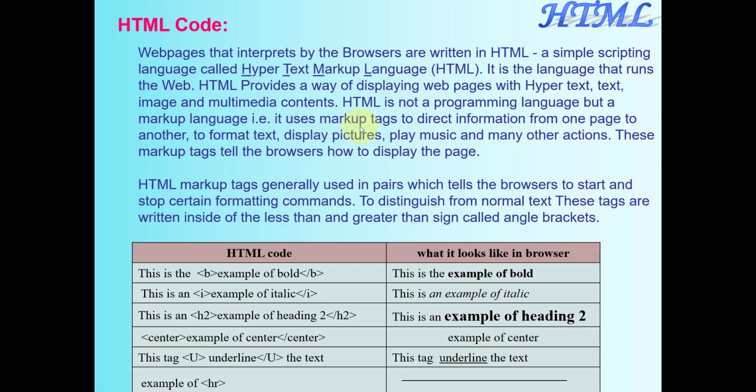It uses markup tags to direct information from one page to another. So we actually direct from one page to another page. That's why it is a markup language. To format text, display pictures, play music, and many other actions it can perform.